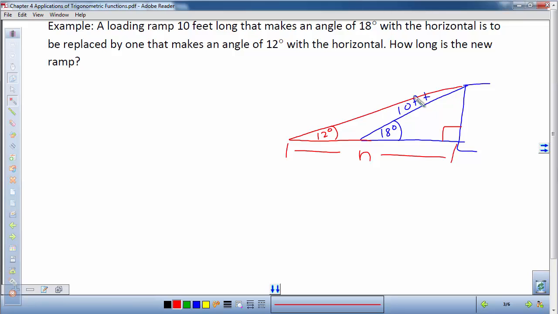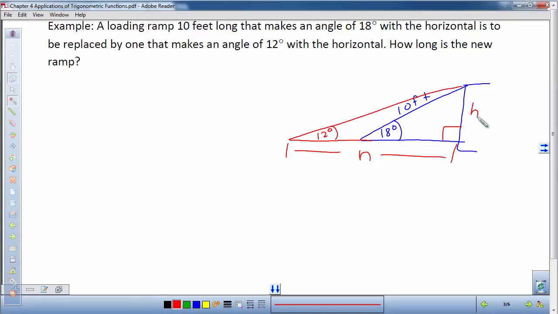Yeah, so that's still 90, and that's going to be the opposite of n. With the right angle and the length of the hypotenuse of the first ramp, you can potentially find the height of where the ramp meets the wall. Okay, that's the way we could do it. So you want to find the height of the ramp.